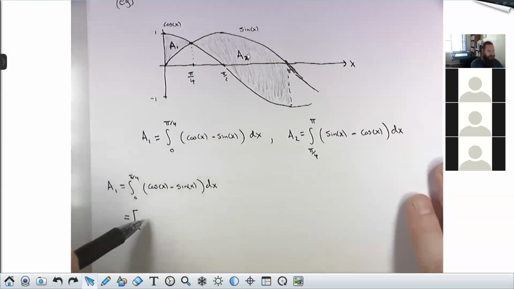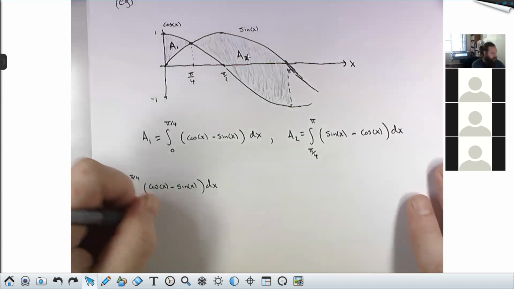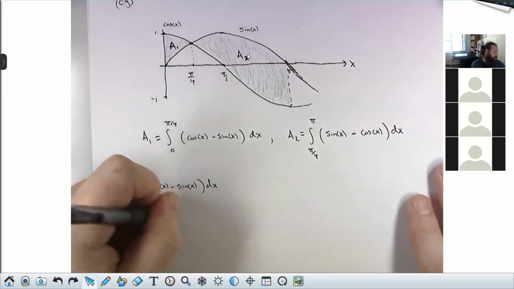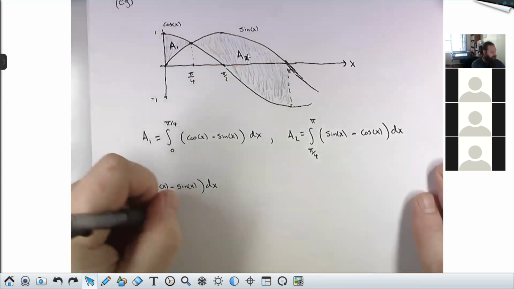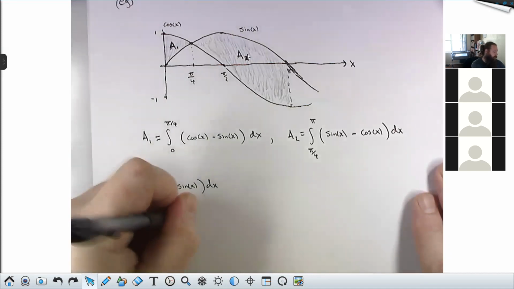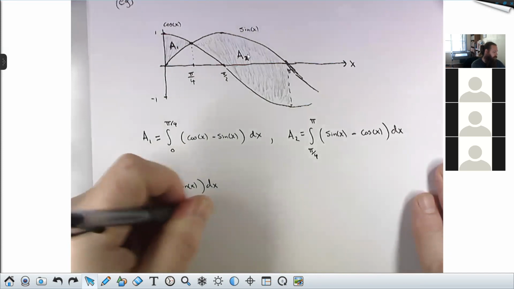The antiderivative for cos x is sine x. And then I'll have minus from the formula. What's an antiderivative for sine of x? Negative cosine x. Very good. So I'll have parentheses negative cos x.